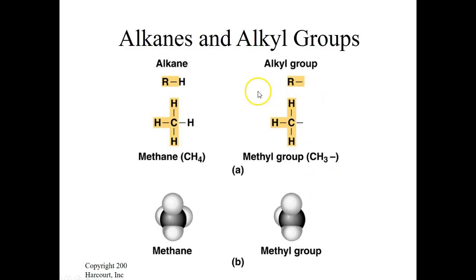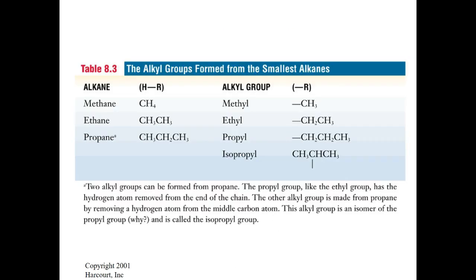So when we have those little branches, we will have little chains of carbons, and when we have those little beads that hang off, we call them YLs. So methyl: when we take off that H and we put it onto the branch chain, it's called methyl instead of methane.